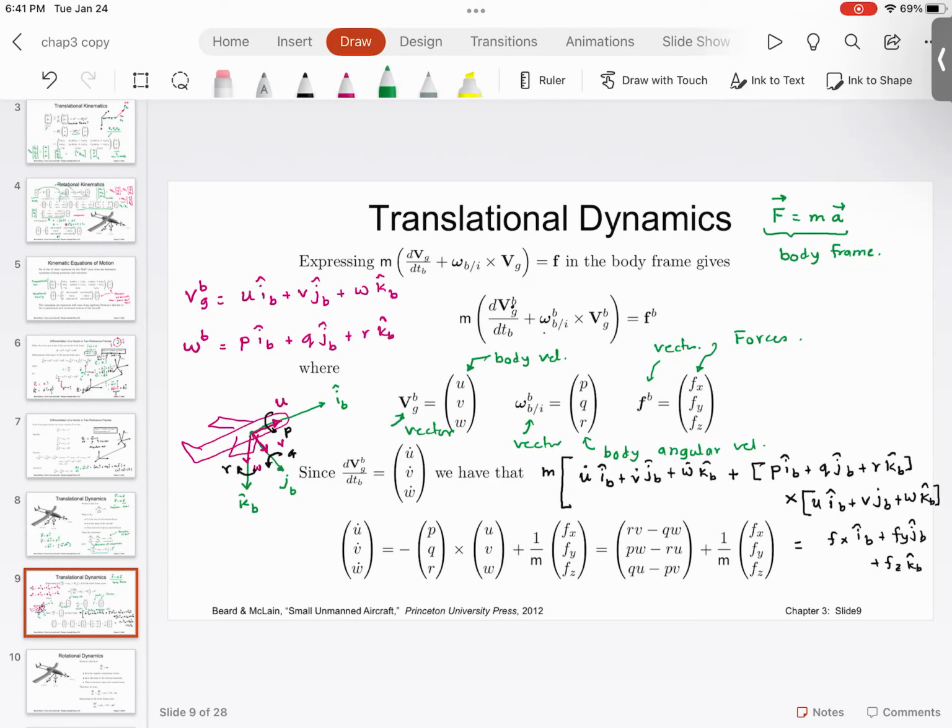I believe that you must have seen similar types of math in Physics 321, or at least in an undergraduate dynamics, vector mechanics, or vector calculus class. Before I proceed any further, any questions on this math?